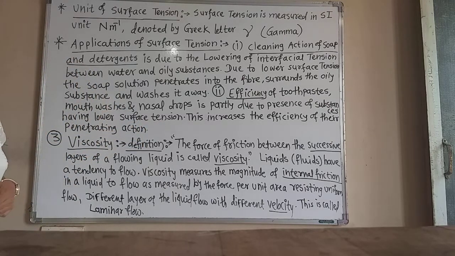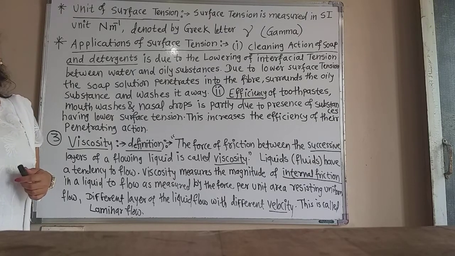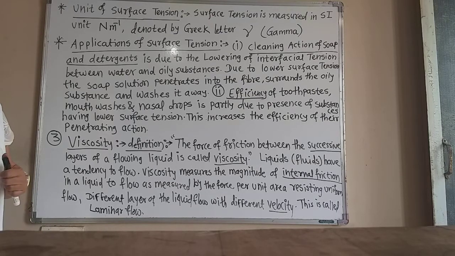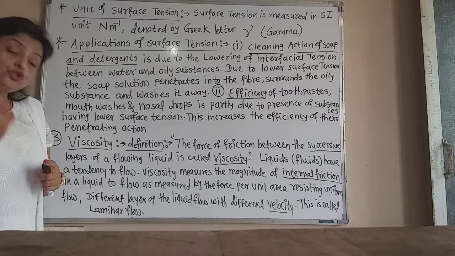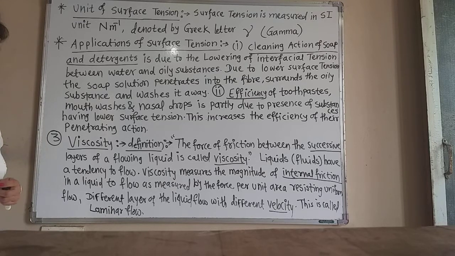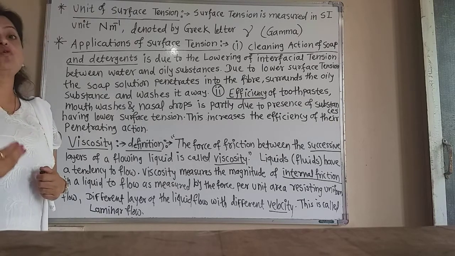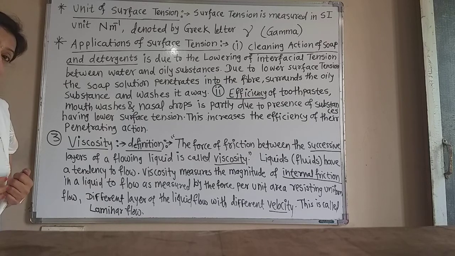In toothpaste, nasal drops and mouthwashes, such substances are present which have lower surface tension, and this increases the efficiency of the penetrating action, and that's why they penetrate easily.